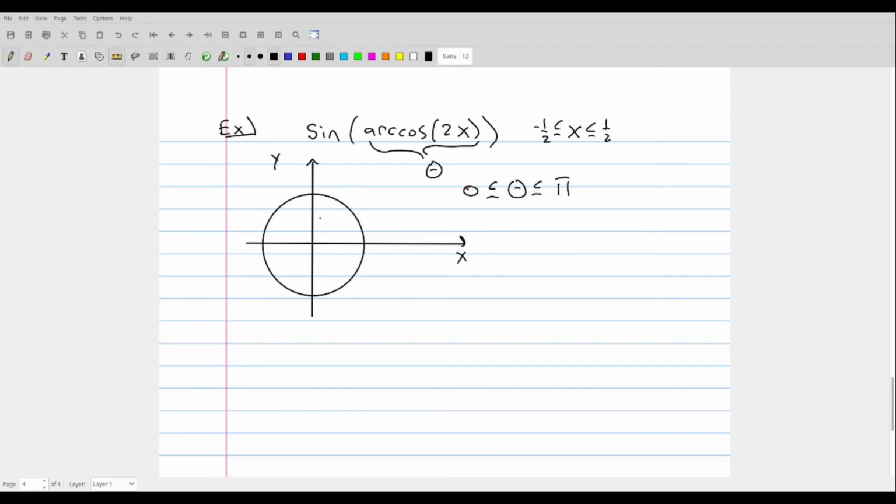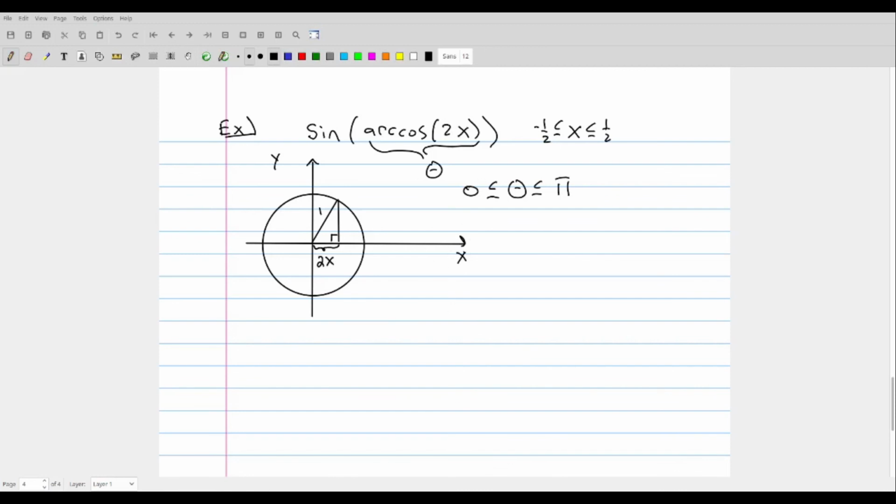It's going to give us a right triangle, with a radius of 1, because it's on the unit circle, and an x distance of 2 times x right here.